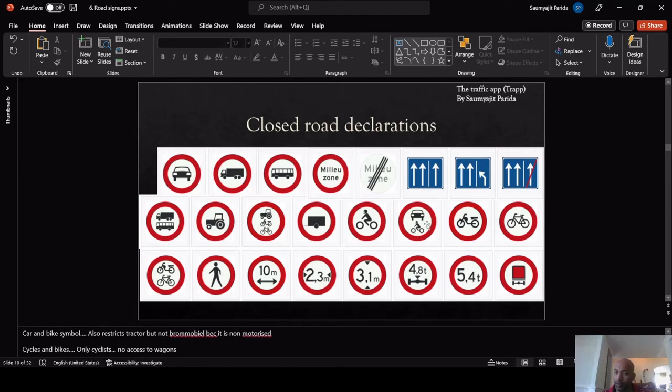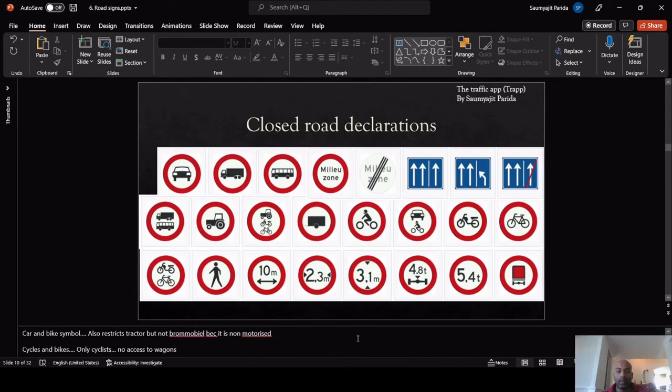The bikes are not allowed, and a tractor is not allowed, but the Brommobiel is allowed, because this sign says that all the motorized vehicles are not allowed, but the non-motorized vehicles are. In chapter 4 I discussed which vehicles are motorized and which are non-motorized. All the motorized vehicles are not allowed, but the non-motorized vehicles are allowed, and a Brommobiel is a non-motorized vehicle. A Segway is a non-motorized vehicle, and those vehicles are allowed.